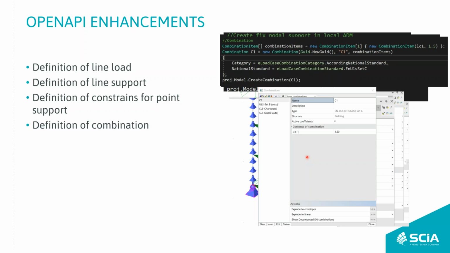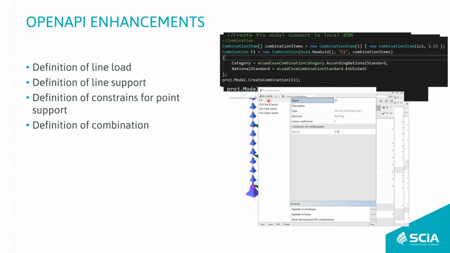What's also possible in the case of OpenAPI is that you are able to define your open combination within your application, send it to SCIA Engineer as a part of the model, as I have it here, and also after the end of linear calculation, which could be done directly from your application through the OpenAPI, you can also get the results back for the combination which you created.